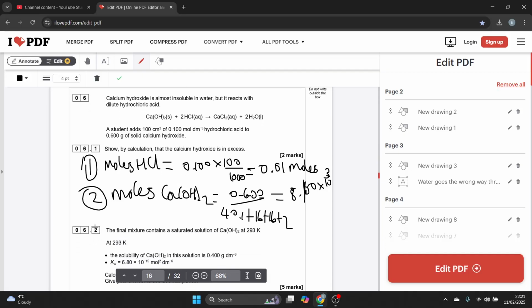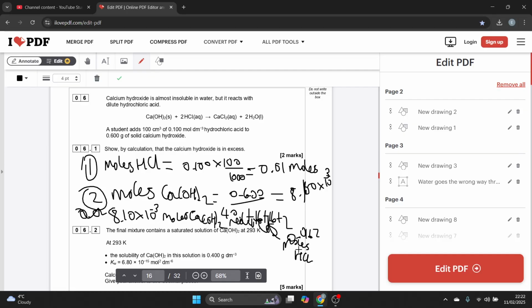And then we'll say something like 8.10 times 10 to the power minus 3 moles of calcium hydroxide required. 8.10 times 10 to the power minus 3 moles of calcium hydroxide requires 0.0162 moles of HCl.